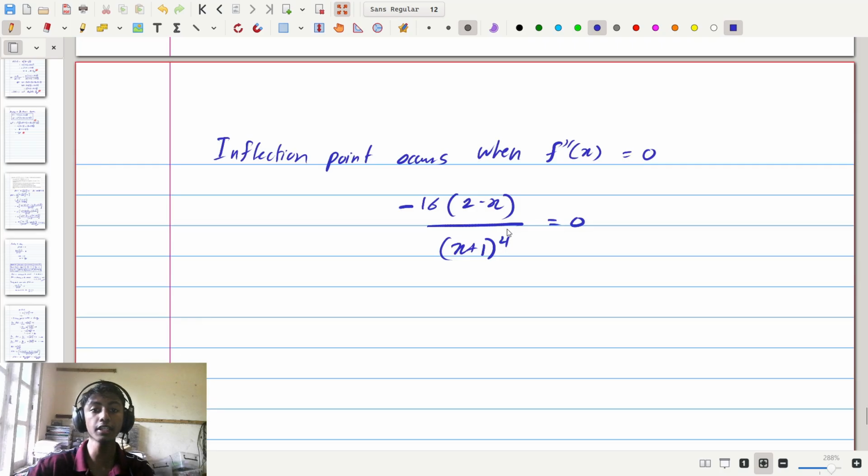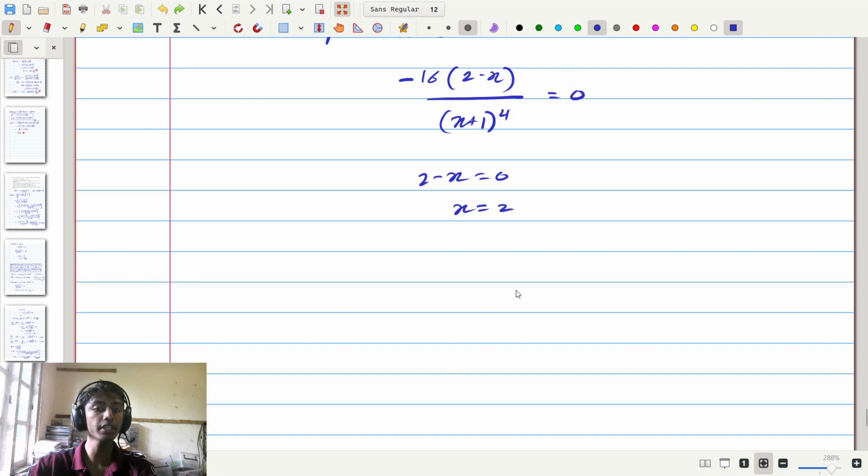Rearranging, if we take the denominator to the other side and multiply, we can remove it, getting minus 16 times 2 minus x equals 0, and therefore 2 minus x equals 0 and x equals 2. So the inflection point occurs at x equals 2.